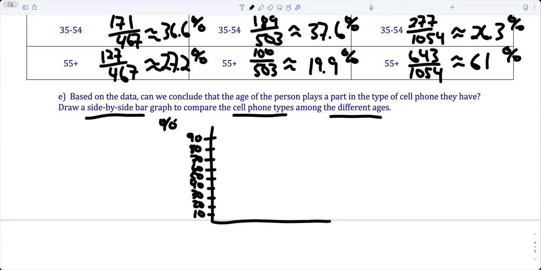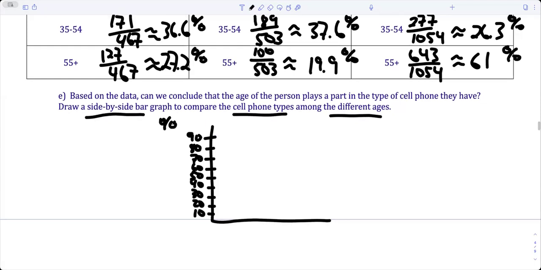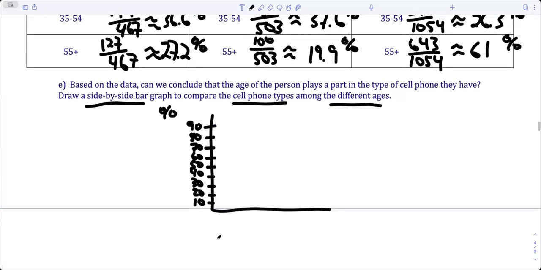And these are the percentages. Then I am going to do the ages on the x-axis.